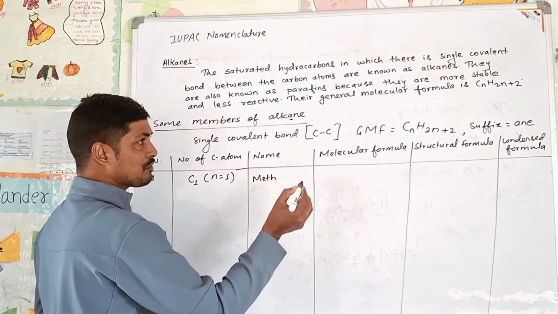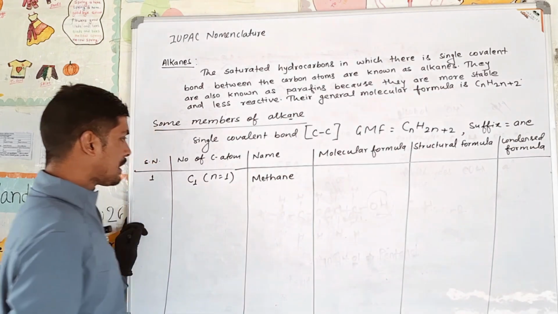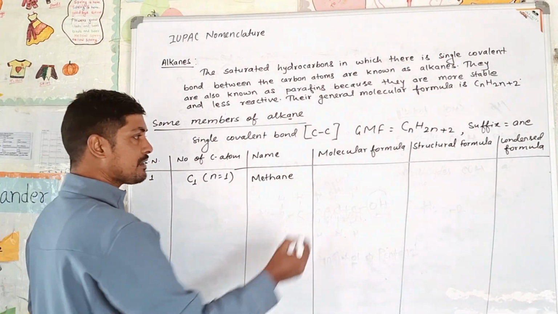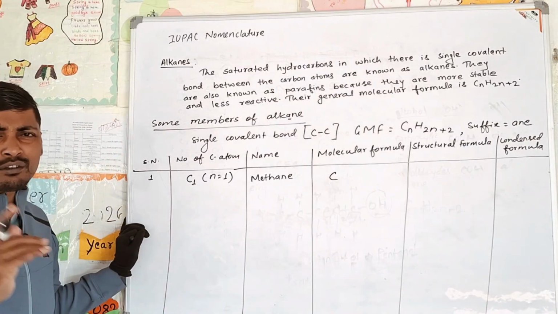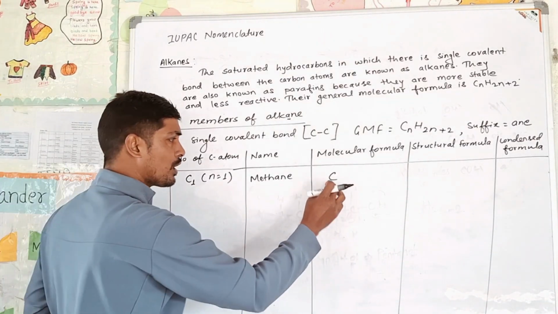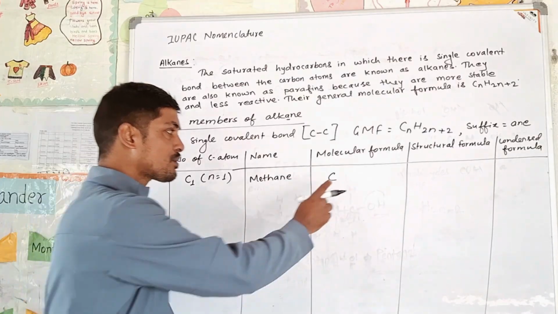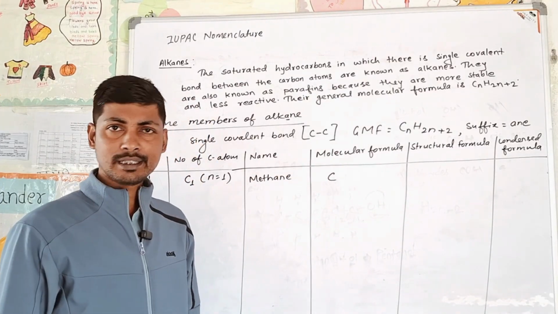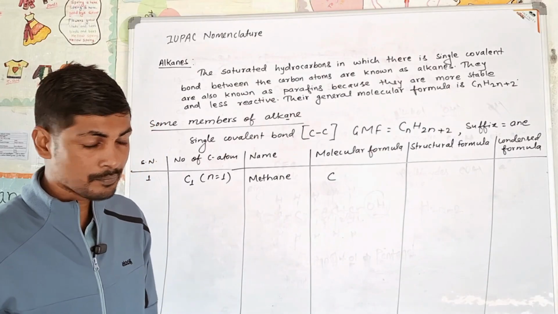Since it is alkane, the suffix is ANE. The name will be methane. What will be its molecular formula? C1. If there is one, we do not have to mention it in the molecular formula, because if there is nothing written, it means there is one.